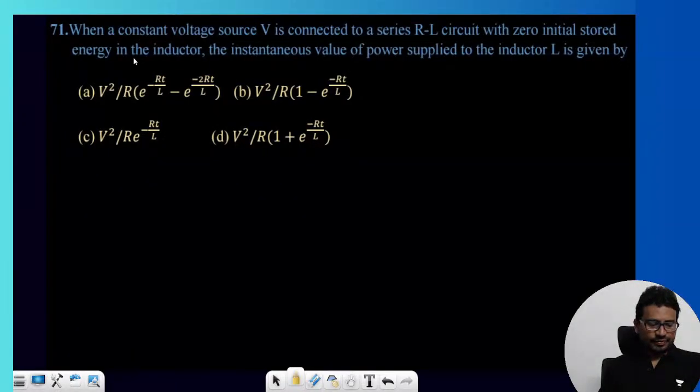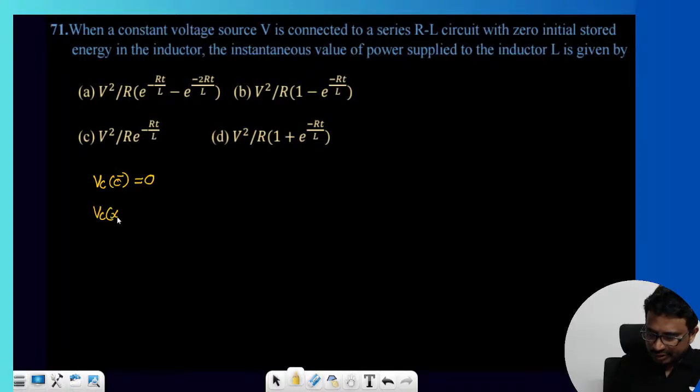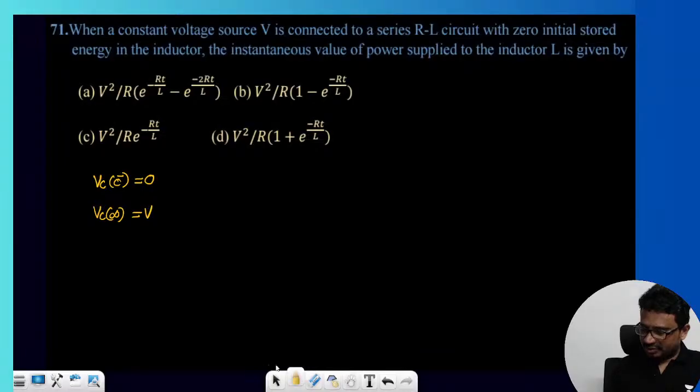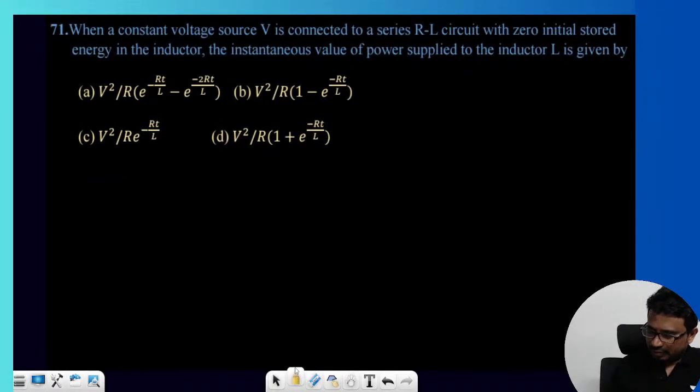Initially the value is 0, VC of 0 minus is equal to 0, and VC of infinity will be V. Sorry, this is an RL circuit now. I thought it is RC.